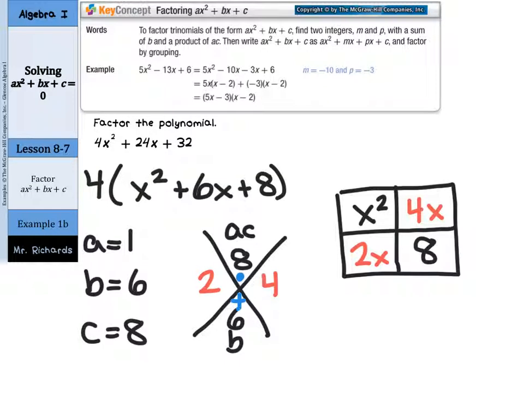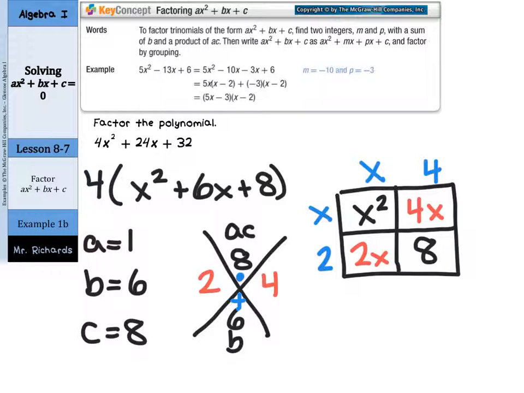Now as I look for my greatest common factor here, x squared and 2x is going to simply be x. Then 4x and 8, the greatest common factor is 4. x squared and 4x is going to be x. And lastly, 2x and 8 is going to be 2.